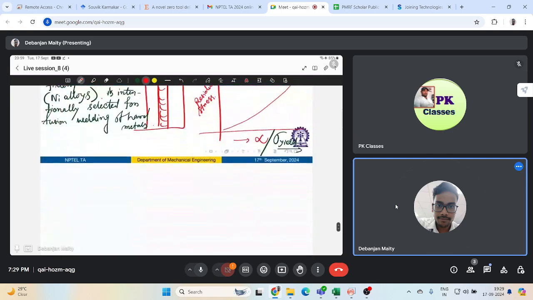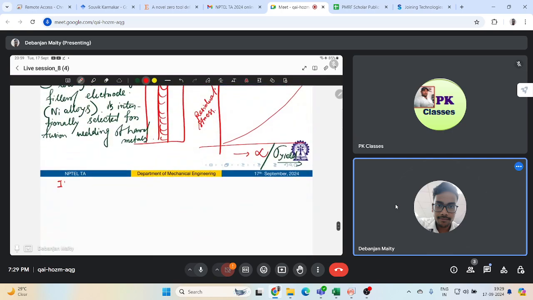Let me write it down. For an alloy, atoms of one metal dissolve in another in varying proportion, so dissolution is there. For IMC, there is a stoichiometric composition, typically forming an ordered crystal structure.